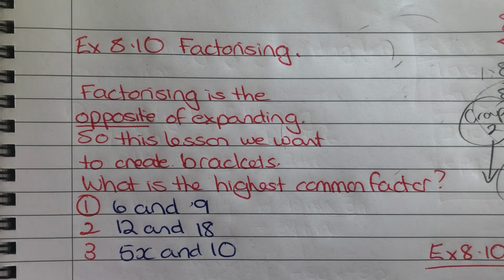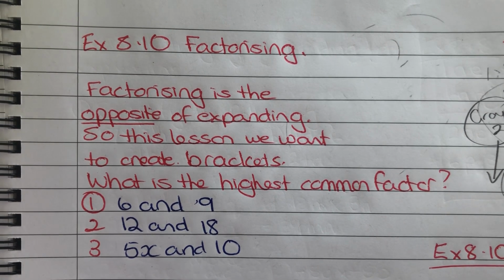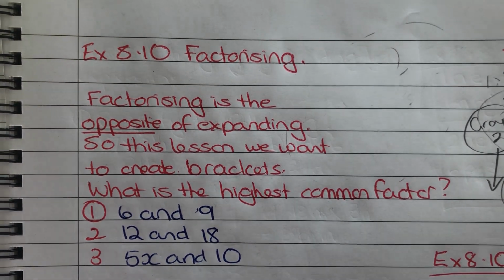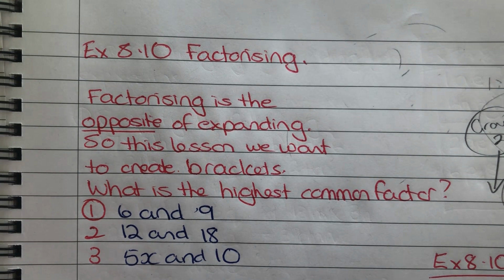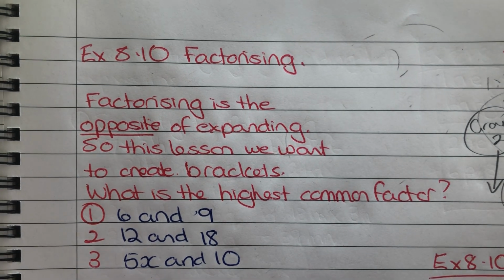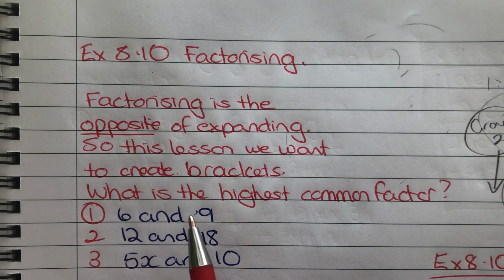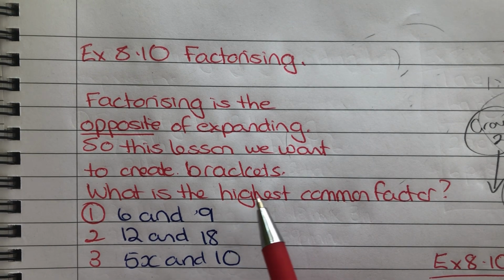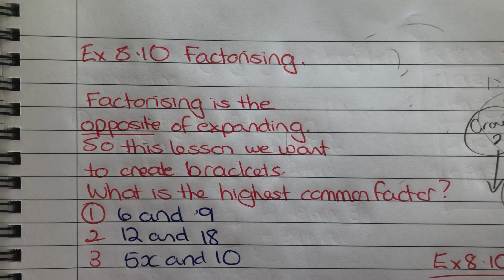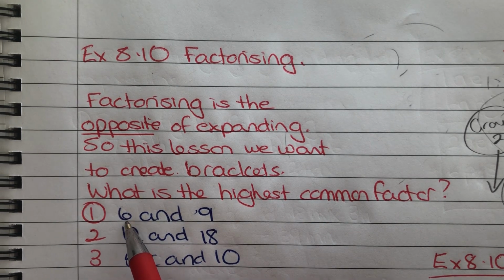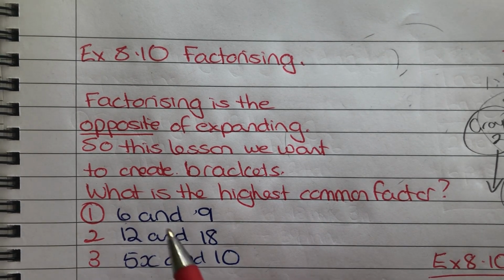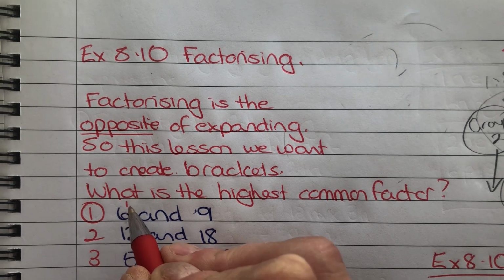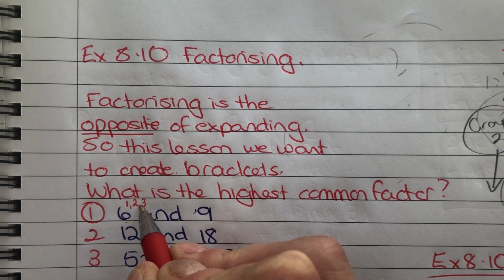To be able to do this, we have to remember about highest common factors. Factors are numbers that go into both, or more than two. If there's two, then both of those numbers. To factorise, we're looking for the highest number that goes into both. So what's the highest number that goes into 6 and 9? Well, in 6 we have 1, 2, 3.